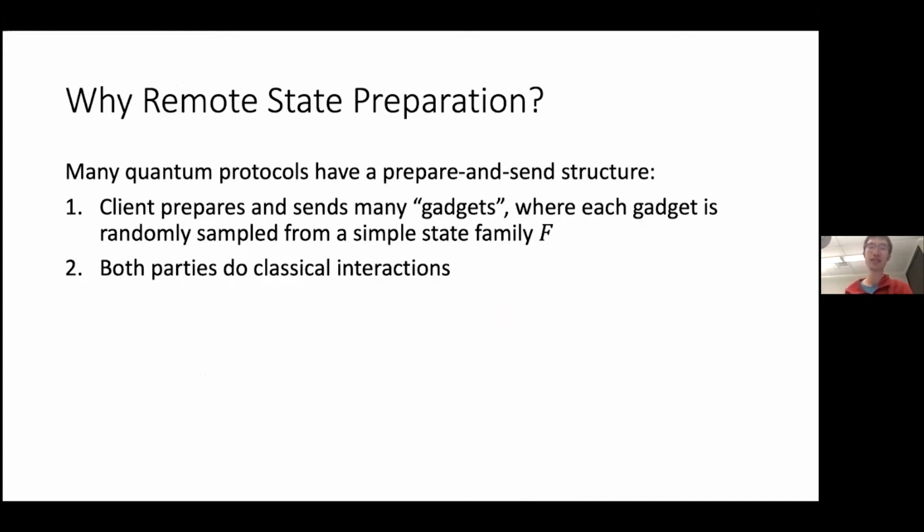A gadget is a secret state randomly sampled from a simple state family F. The client prepares and sends these gadgets to the server, and it keeps a description of these gadgets. Then both parties could do classical interactions, and the client could make use of these gadgets to ensure the server is doing something that he wants.